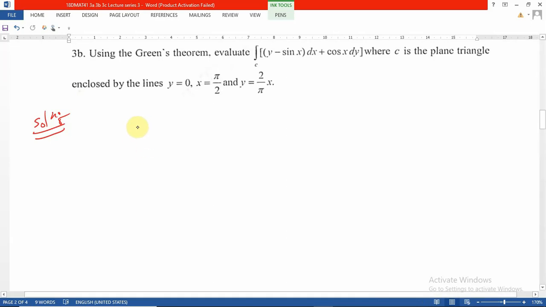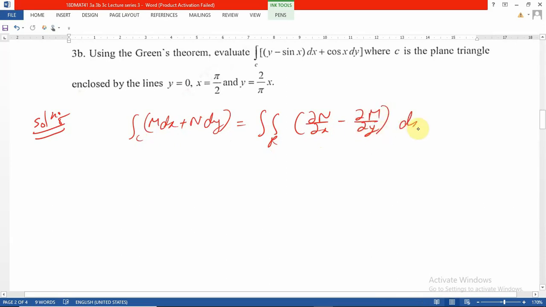So what Green's theorem says, if it is integration m dx plus n dy, yes, it is of the form m dx plus n dy, you can see on the screen. So this is equal to double integration of dou n upon dou x minus dou m upon dou y dx dy. I'm going to use this formula, friends, very easily.